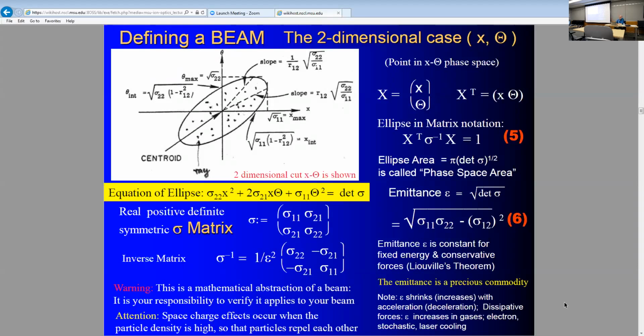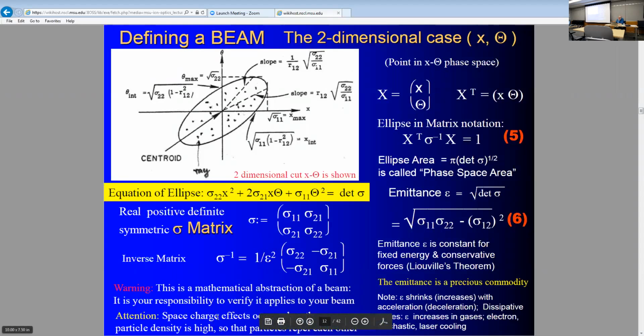So, of course, I should mention here, the ellipse is just a mathematical abstraction. It may not have anything to do with your beam, so if you do emittance calculations with the ellipse approximation, you need to look that your beam is roughly like that, and I will show examples where it is not. But let's do this first.